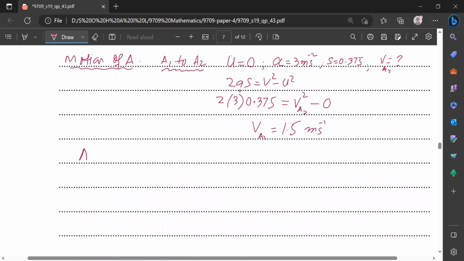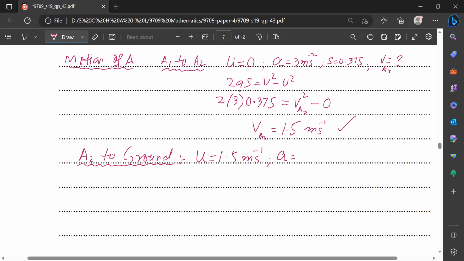Now, from A2 to the ground. When the string breaks, the particle moves under gravity, so you can't use the previous acceleration. From A2 to the ground, 1.5 is the initial velocity for the next motion, 1.5 meters per second. And acceleration is not 3, but the particle is now moving due to gravity.